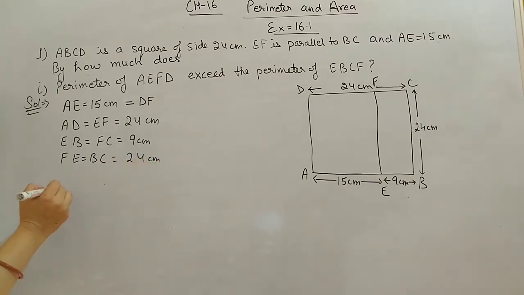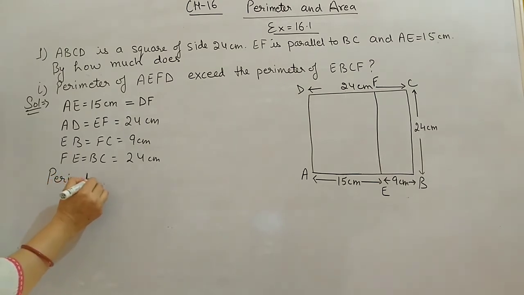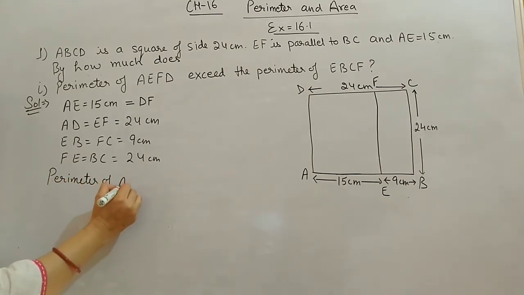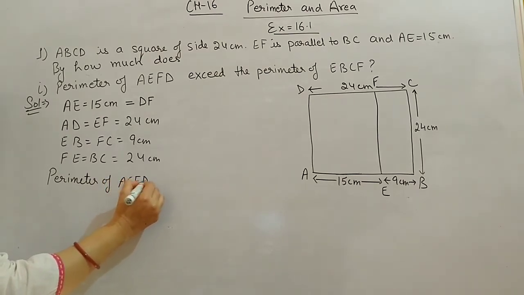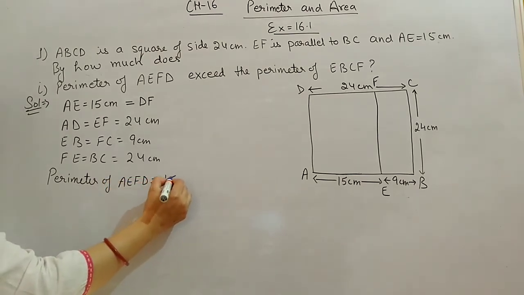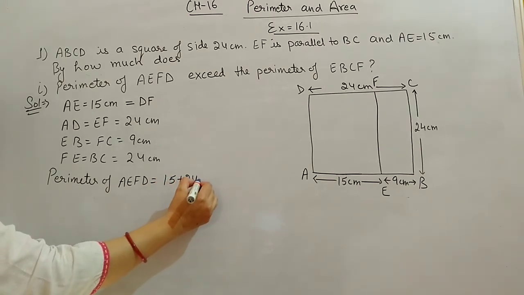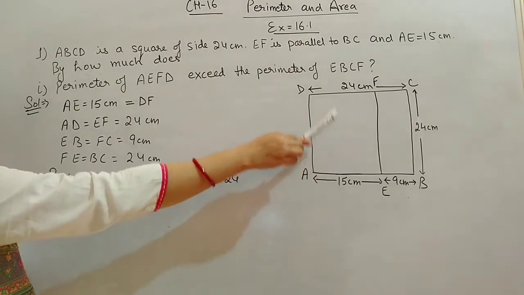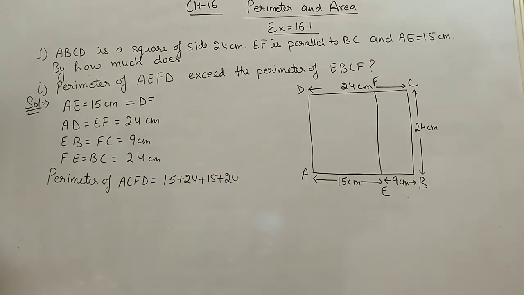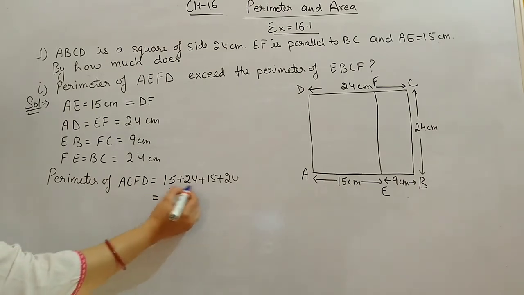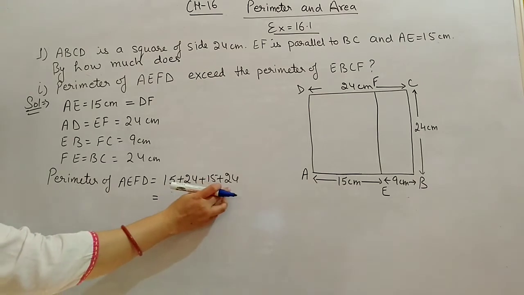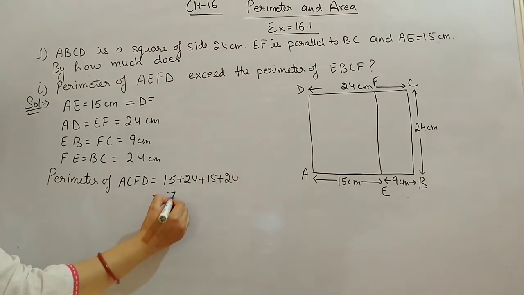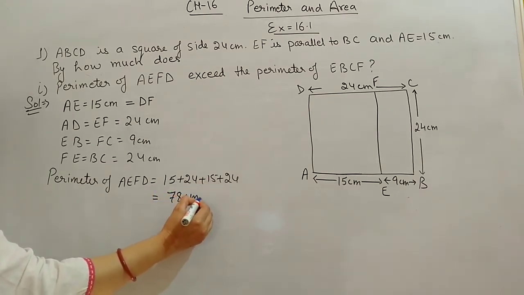Now we can find out the perimeter of both rectangles. Perimeter of AEFD: add all four sides. 15 plus 24 plus 15 plus 24. This side, that side, this one and this one. All four sides we have to add. So it will become 15, 15, 30; 24, 24, 48; 30 plus 48, 78 centimeter.